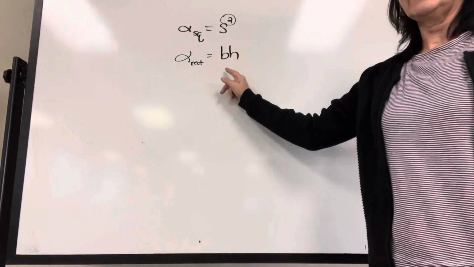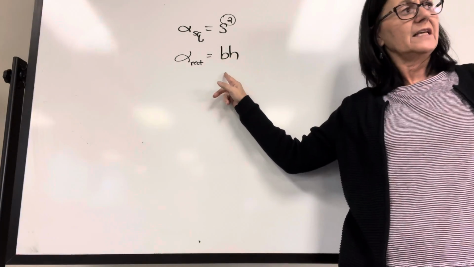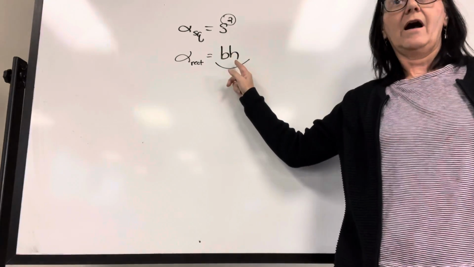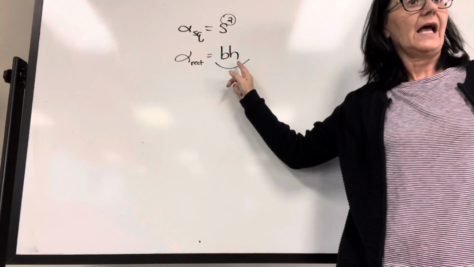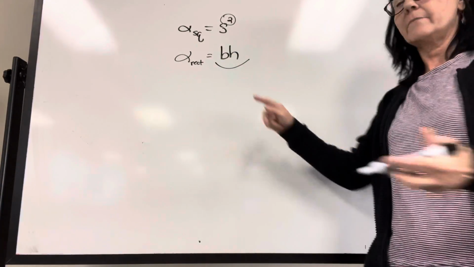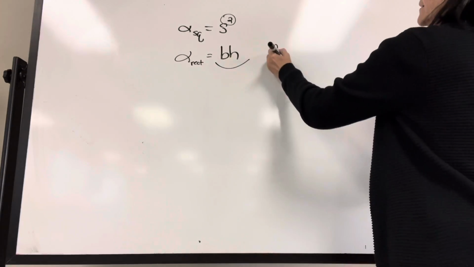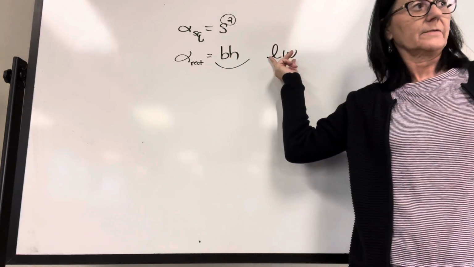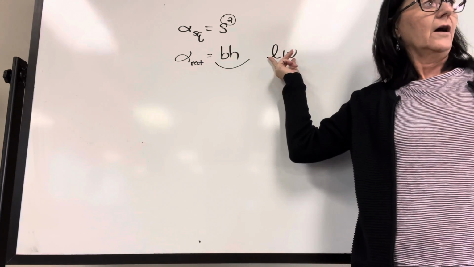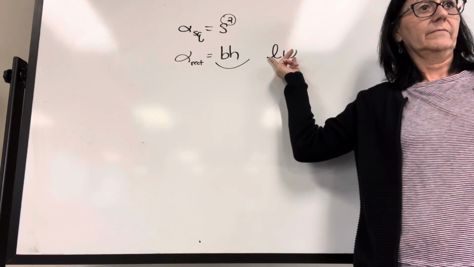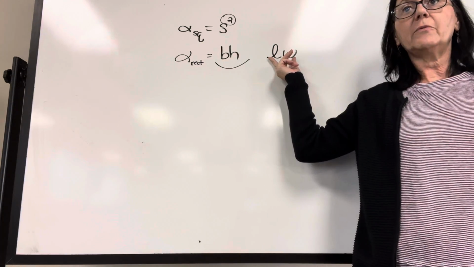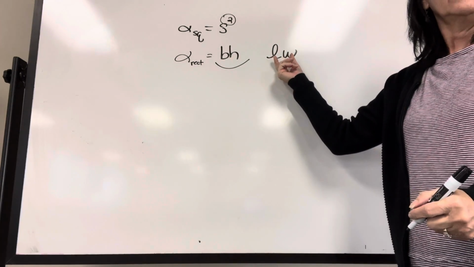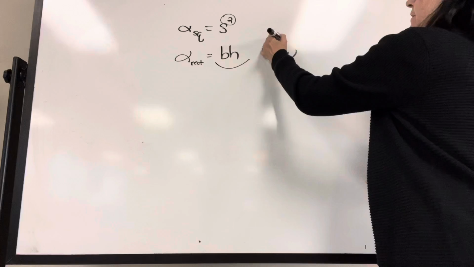Okay, and so you would be thinking, what is the degree of this term? B times h. Or some people say it's length times width. That's very popular for rectangles. Okay, so the degree of any term, when the variables are multiplied, you add the exponents.